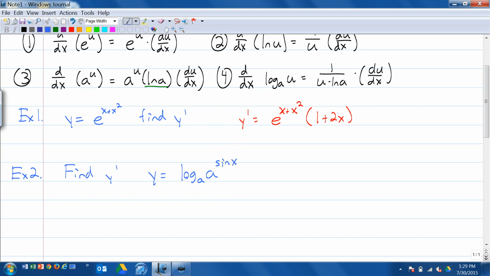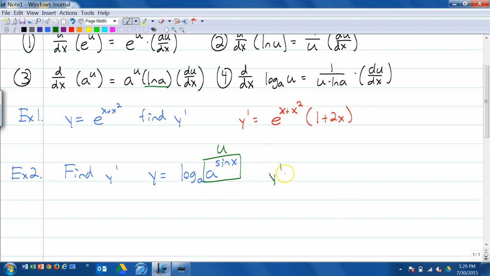So hopefully you guys remember that log base a of a is 1, so you can actually simplify this ahead of time and bring the sine x down and you just get cosine x. However, I want to do this the long way to show you how you can use these. I'm going to call this my u for my log base a of u.